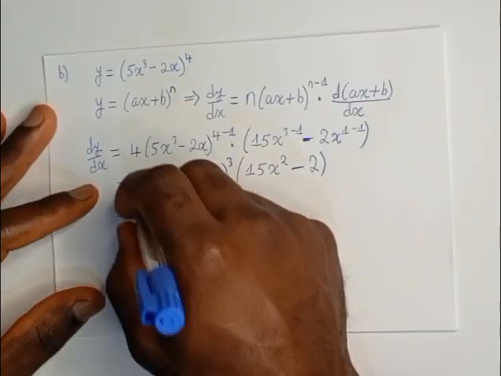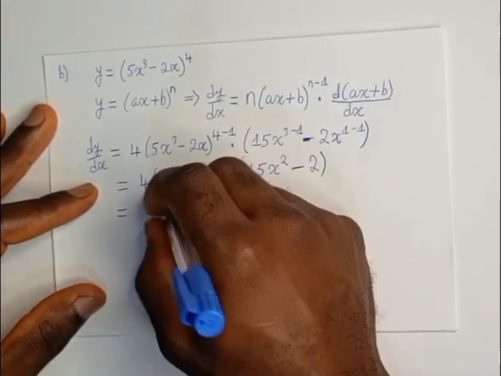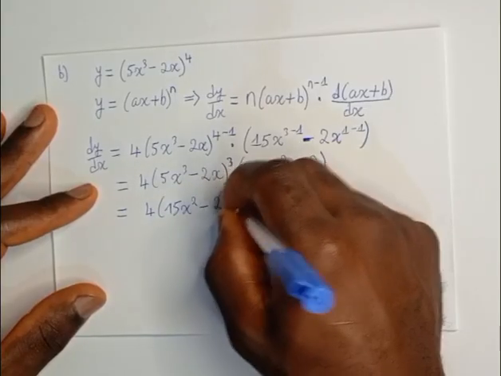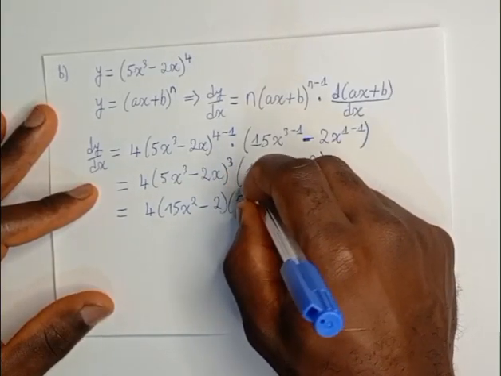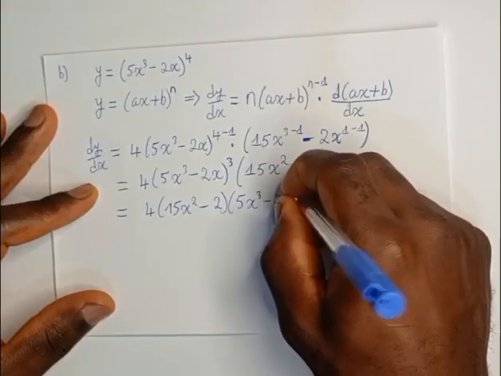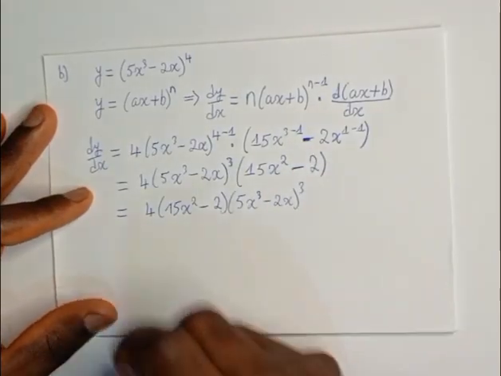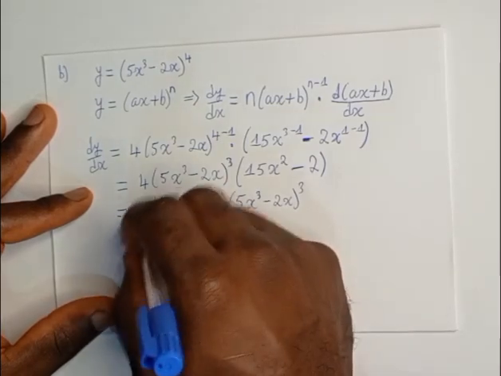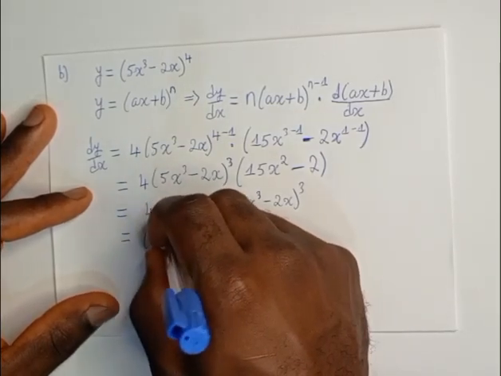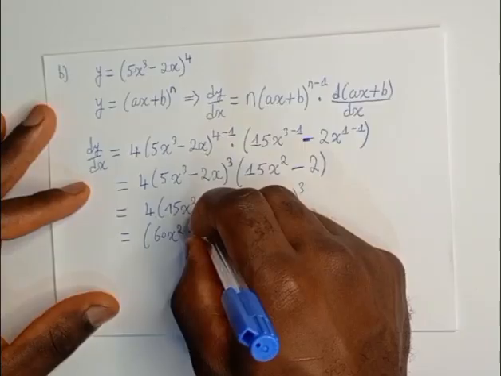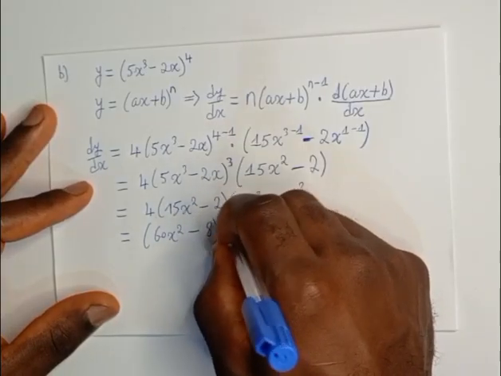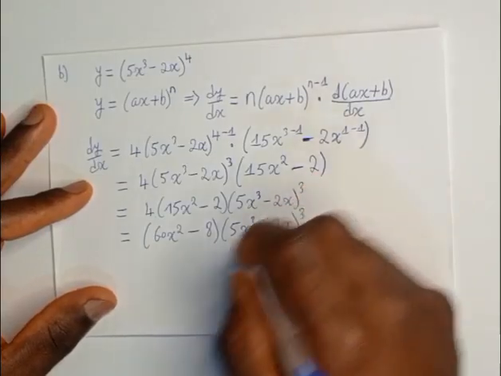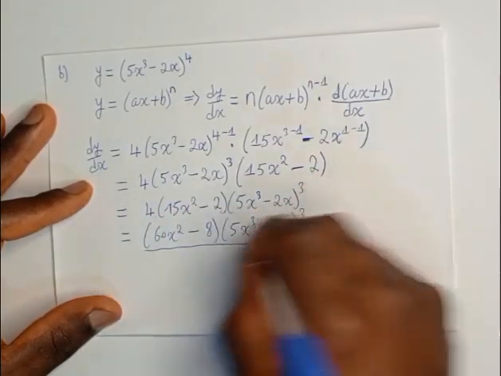Therefore, we can write down this derivative as 4 times 15x squared minus 2 times 5x cubed minus 2x, all this cubed, which is simply equal to, if we multiply this bracket by 4, 15 times 4 gives us 60x squared minus 8 times 5x cubed minus 2x, all this cubed. This is the derivative.